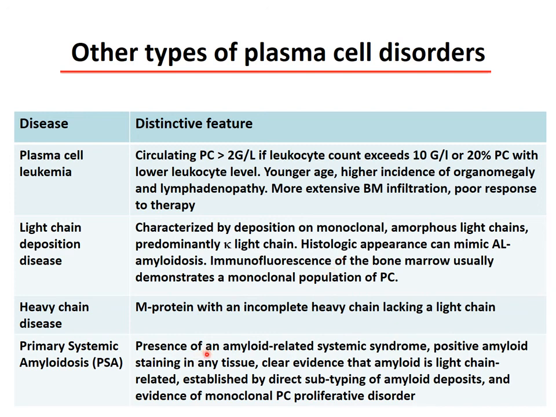M protein with incomplete heavy chain lacking the light chain, or primary systemic amyloidosis, another group, when we have this amyloid-related systemic syndrome, positive amyloid staining in any tissues, clear evidence that amyloid is light chain related, established direct subtyping of the amyloid deposits, and evidence for a monoclonal plasma cell proliferation disorder that can happen.